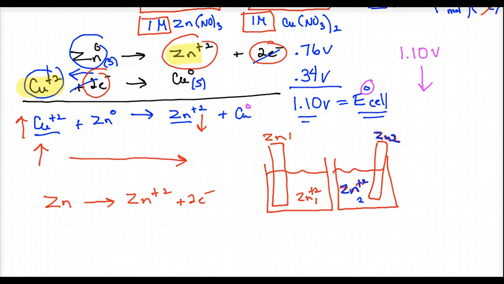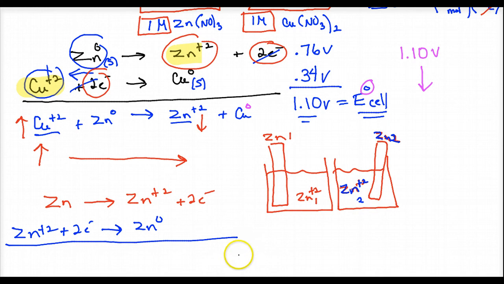Then zinc plus 2 over here could gain 2 electrons to become zinc 0. That's what this is, or zinc 2, however you want to think about it. Now, you would say the net potential here should be 0, and you're absolutely right. This would be a positive 0.76, and this would be a negative 0.76. So you get an E0 of cell to be 0.